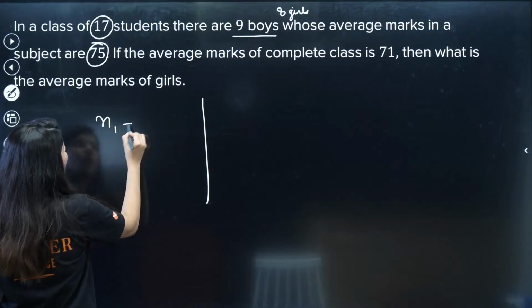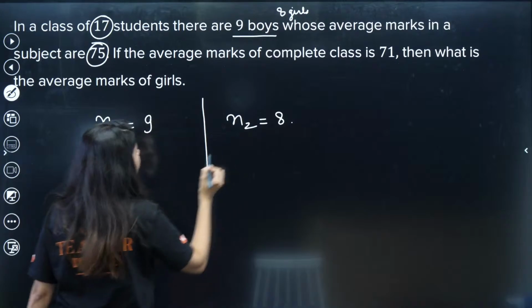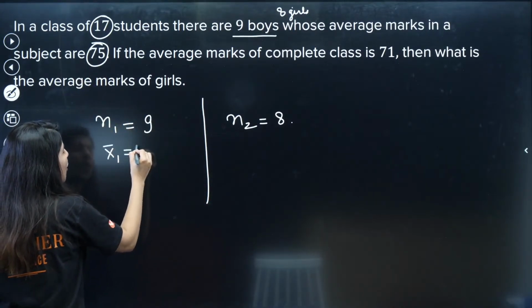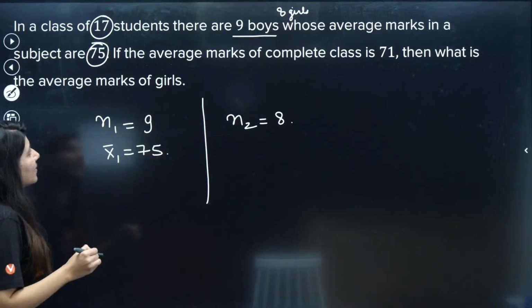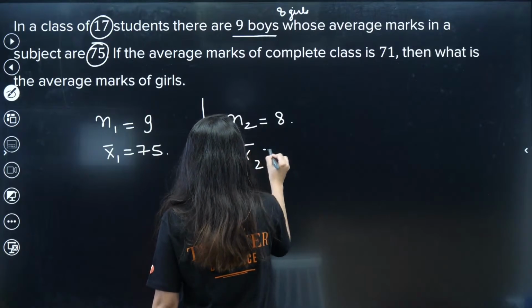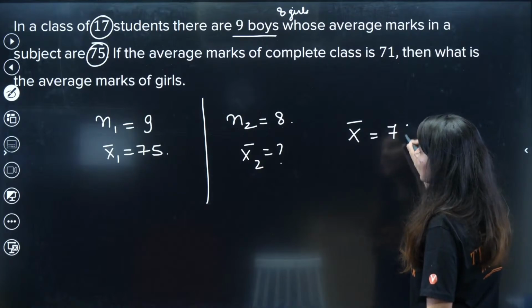N1 is 9 boys, and the number of girls is 8, and the average marks is 75. That means the mean of the first series is 75. The average marks of the complete class is given, which is 71, and x2 bar is not given.